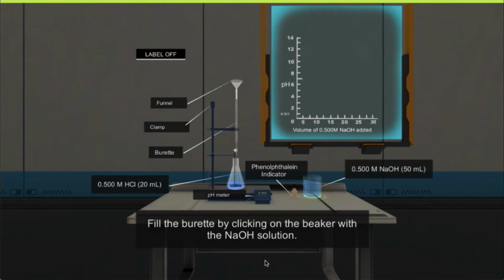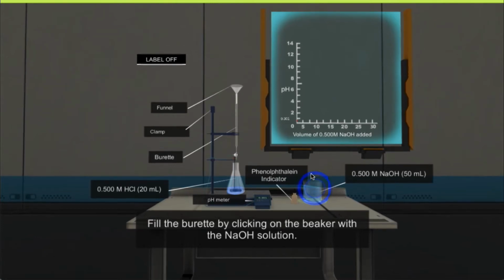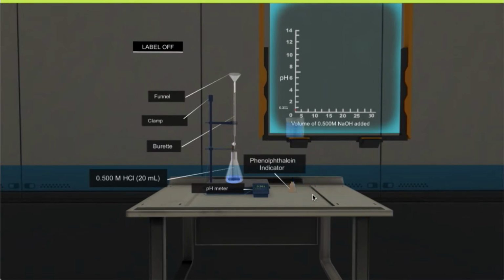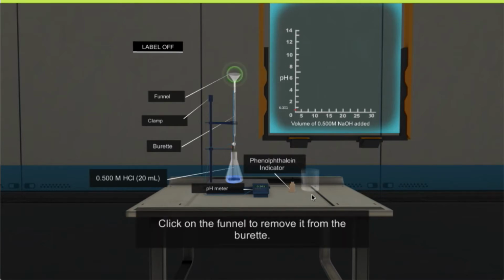Fill the burette by clicking on the beaker with the sodium hydroxide solution. Click on the funnel to remove it from the burette.